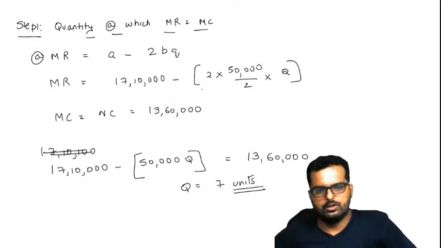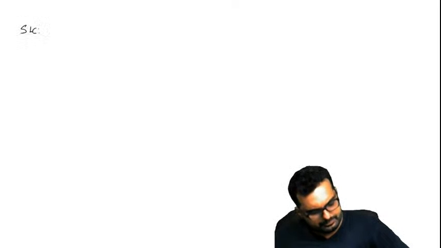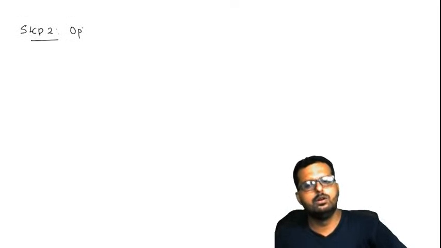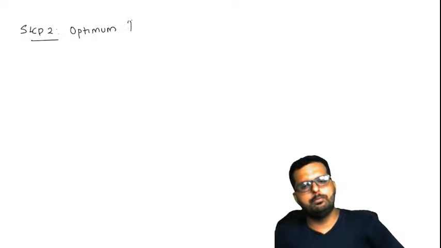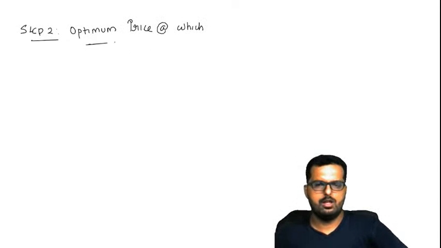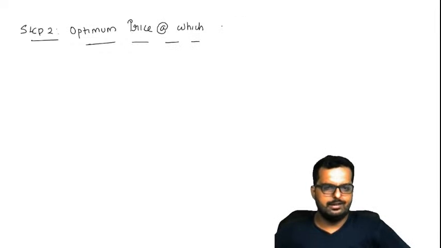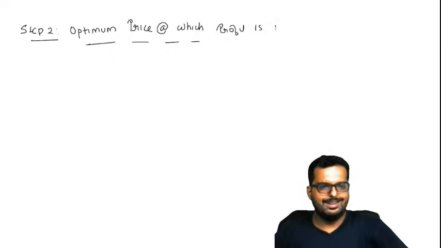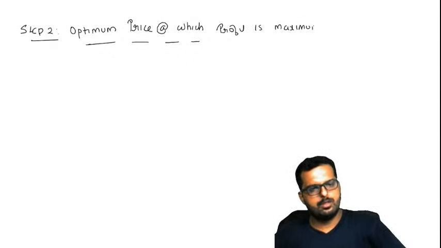Alright friends, everybody has got this answer in your books. Once you get this, step number 2 would be the optimum price at which profit is maximum.